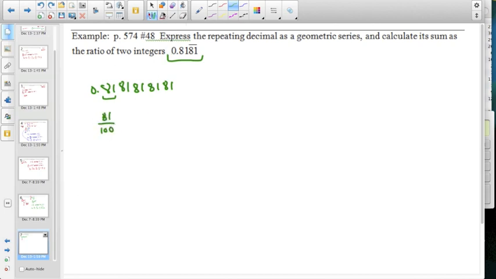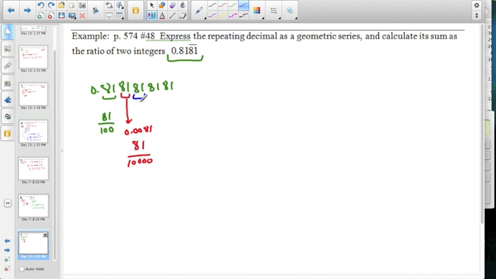And if we look at this next repeating portion, that is really 0.0081. So that's really 81 over 10,000.